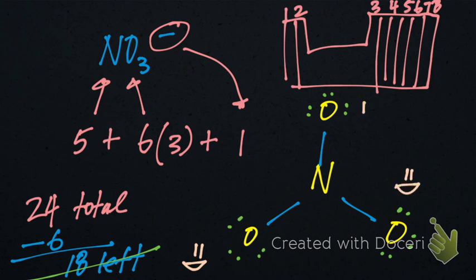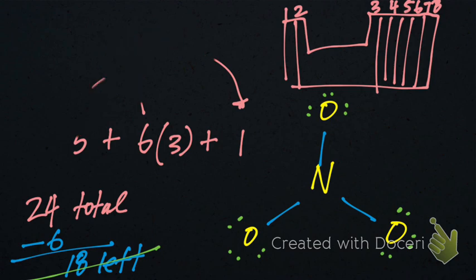This one's happy. This one's happy. But what's wrong with this one? Yeah, right? It's not happy. So this is a problem. Major problem. So this is not the correct structure.